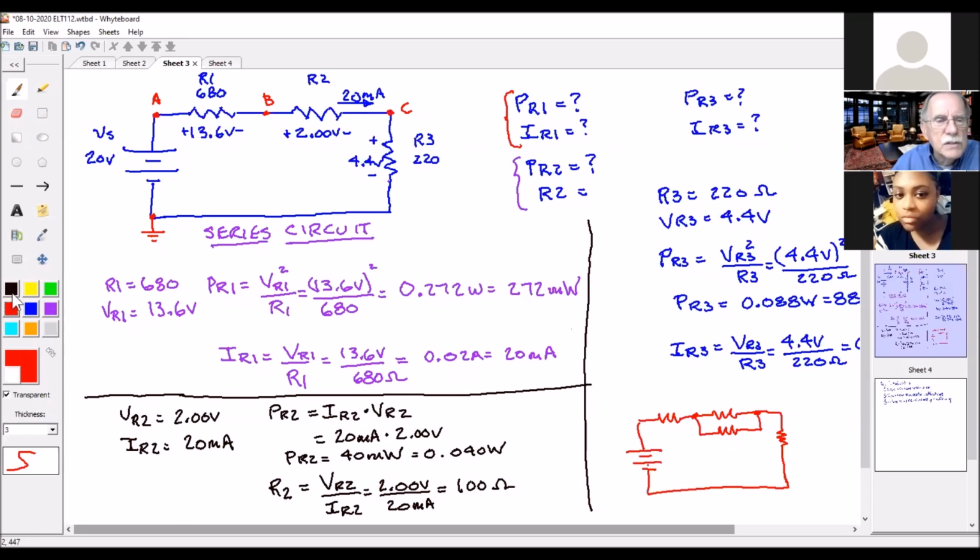When we look at this, we say, okay, current leaves the battery and goes into the resistors. So far, maybe it's a series circuit. But when we get to here, we see that the current can split. Part can go that way, and part can go that way. So this automatically makes it not a series circuit.